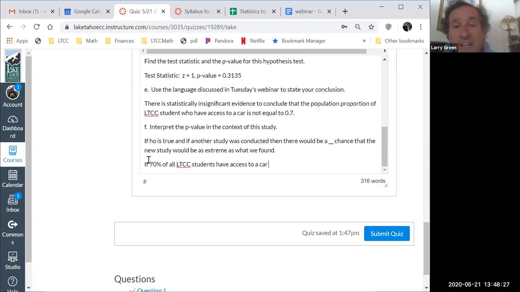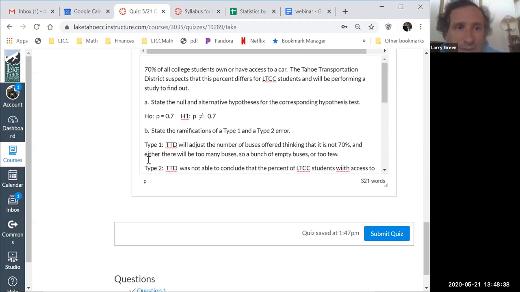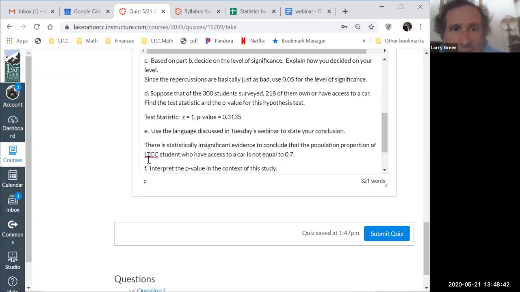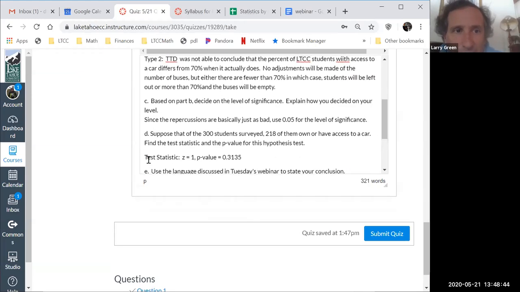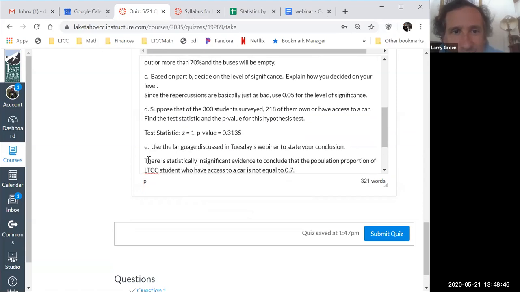Okay, so that was if H naught is true. And if we surveyed another, how many did they survey? They surveyed in here 300. It's in there somewhere. There it is, 300 students.